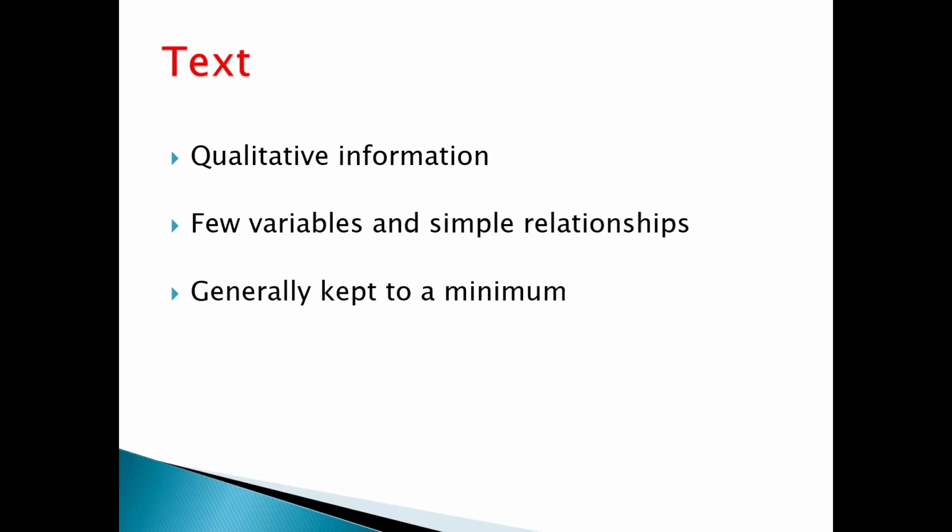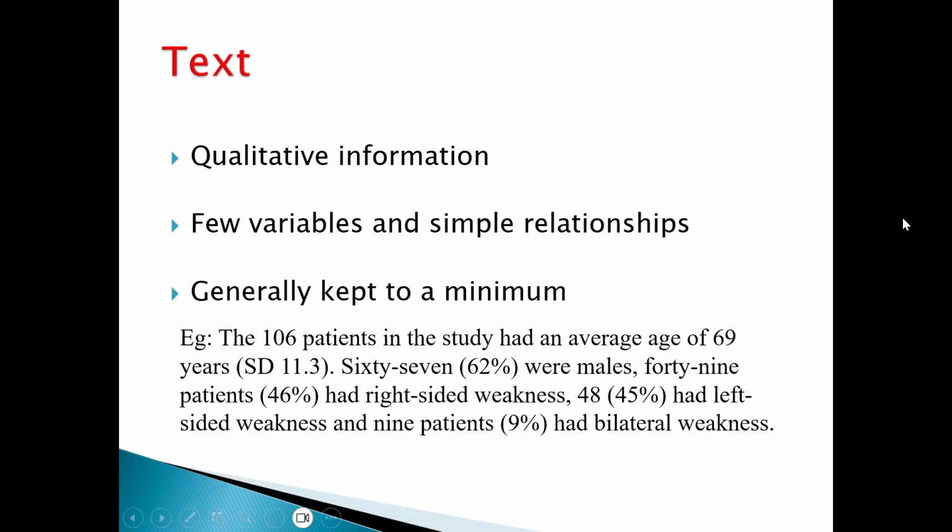You should see more numbers and images rather than text in the results section. A simple example of results with text could be if you just wanted to say the number of patients that you used, what the mean age is, and how many were males, something like that. So a simple explanation we can provide in the text, but not beyond this.